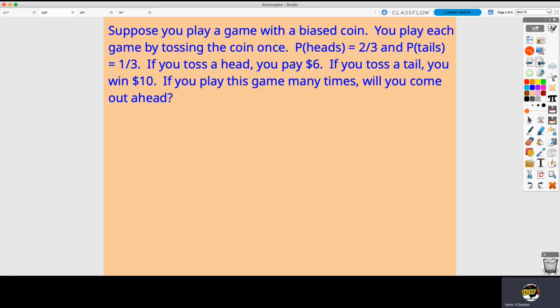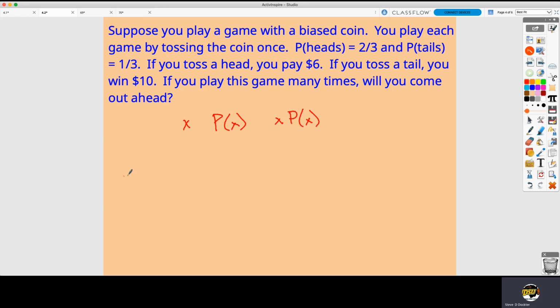When you're asked a question like this, they're asking you to find the expected value. So we're going to do kind of the same concept here. We need to find what is our x value, what is our p of x, and then we've got to find x times p of x. In this situation, what is changing here?